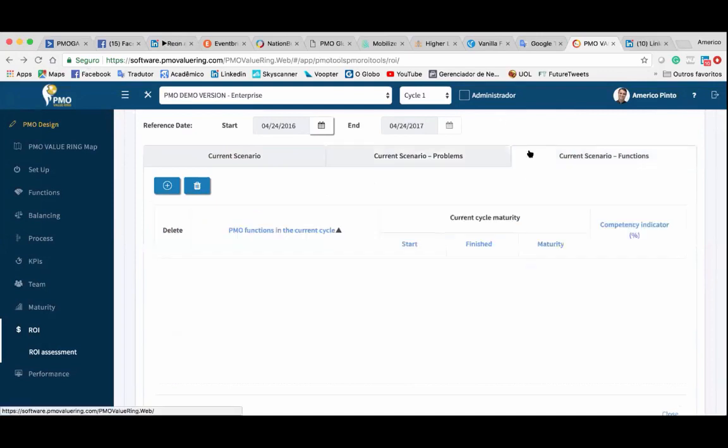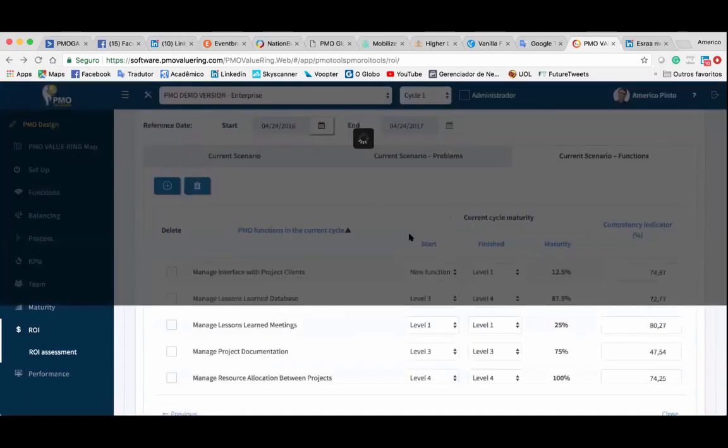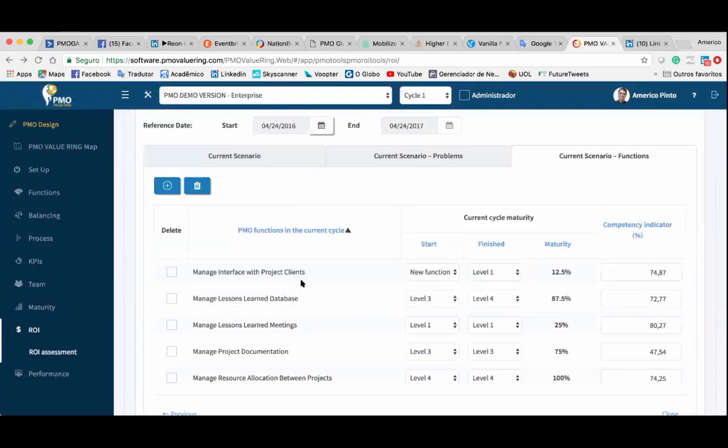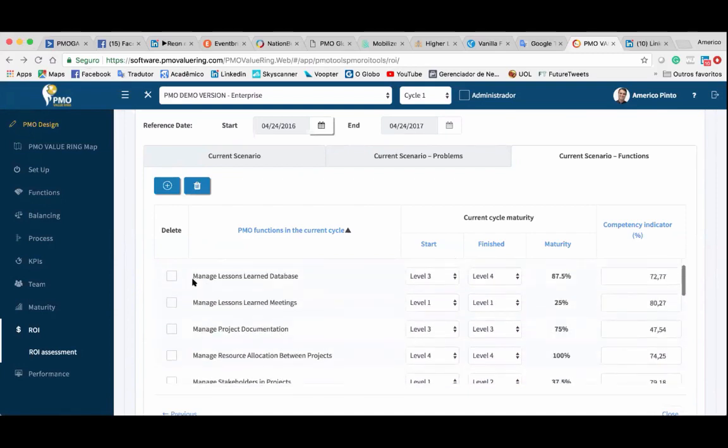And finally, your current scenario in terms of functions. If it's your second cycle, all the information will come automatically, okay? But if not, you have to select the functions. You have to say your maturity, and you have to say your competence indicator. But after the first cycle, everything becomes automatic, okay?